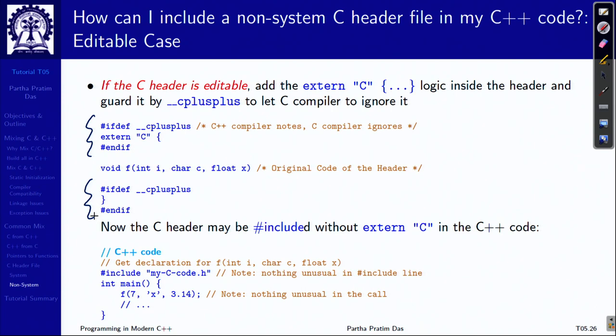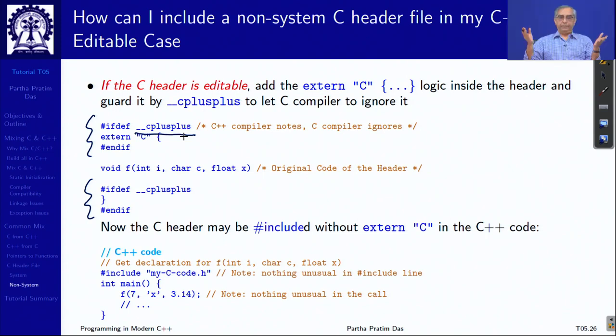What will happen when that header is included in a C++ file is that this macro is going to be true and all functions therein will be treated as unmangled names. So, you can simply include that header, you do not need to do anything on the C++ side.